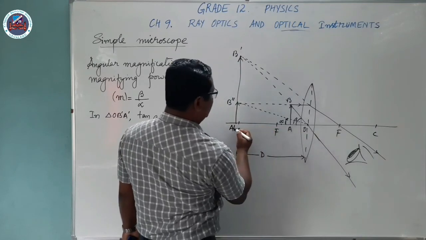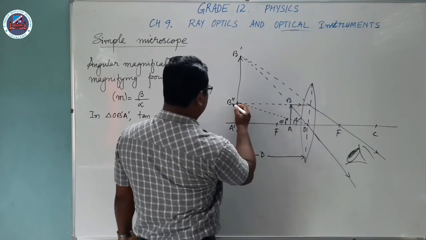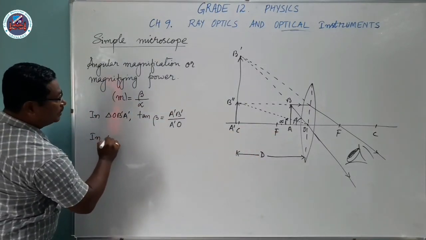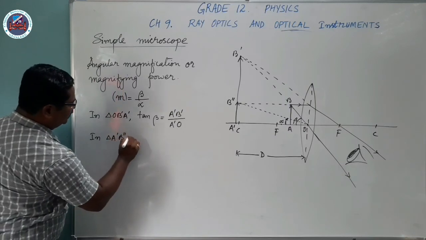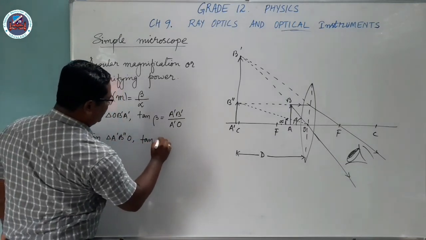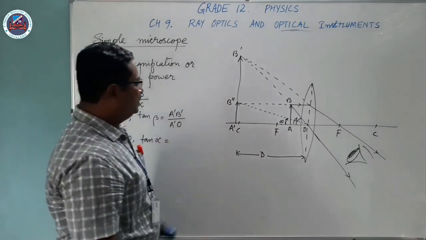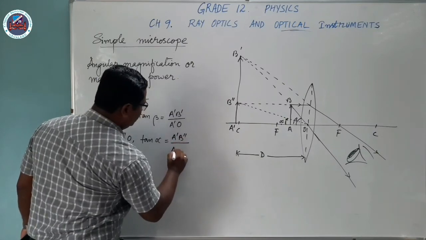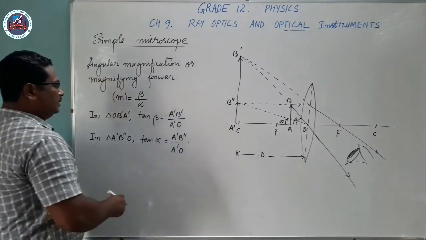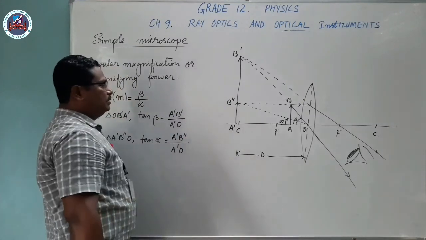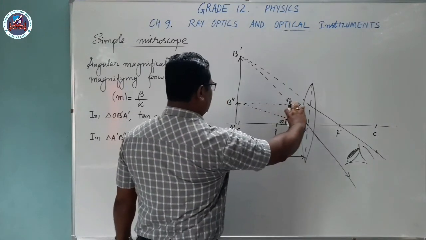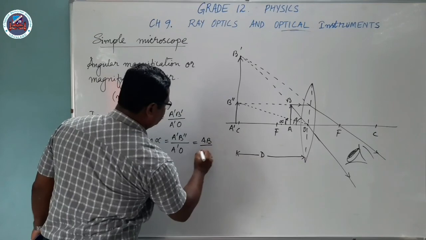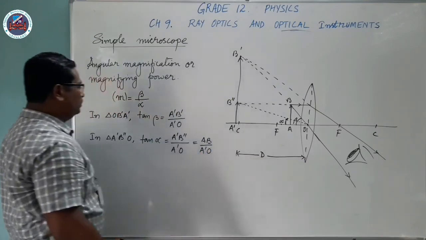In right triangle A dash, B dash dash, O, you can find tan alpha. Tan alpha is equal to A dash B dash dash divided by A dash O. Now this A dash B dash dash is equivalent to AB because it is the same object, kept here. So I can write this as AB divided by A dash O.